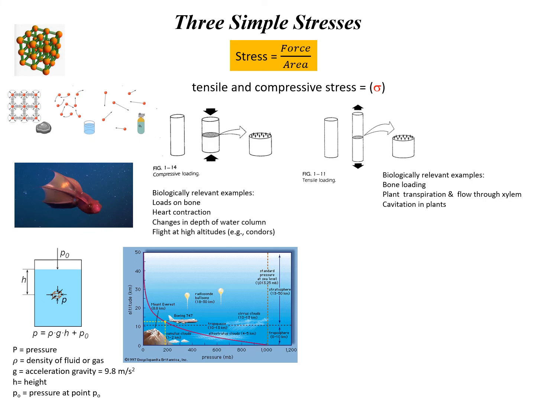So that's 9.8 meters per second squared. So again, a pressure is a force per area. So when you make these calculations, you're going to get something like force in newtons, divided by an area. So it would be meter squared.